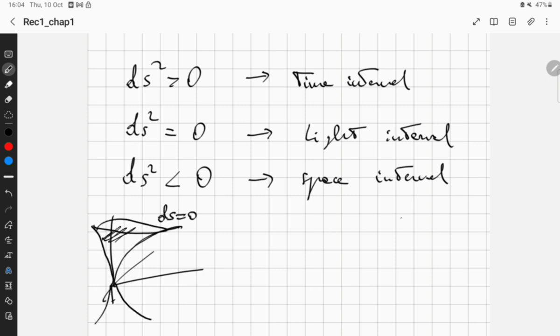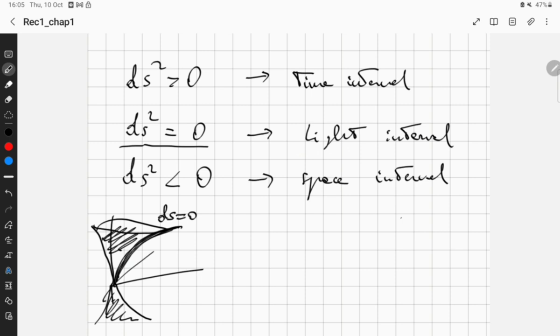These define what is called the cone of light, and so an event, or the interval between two events, is inside or outside this cone of light, and if it's exactly equal to 0 it is on the border of the cone of light, which is where the photons travel.